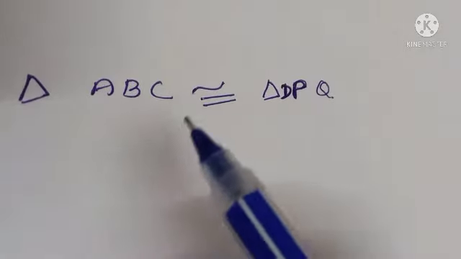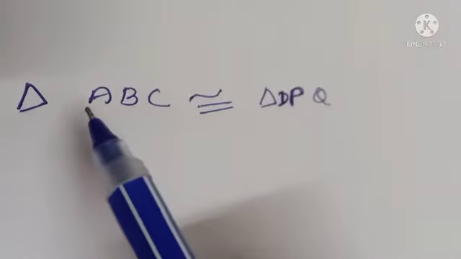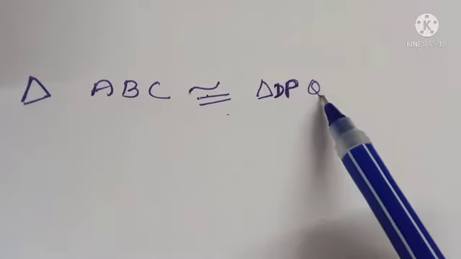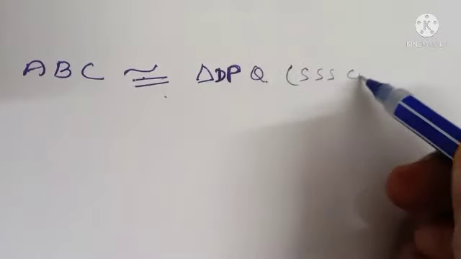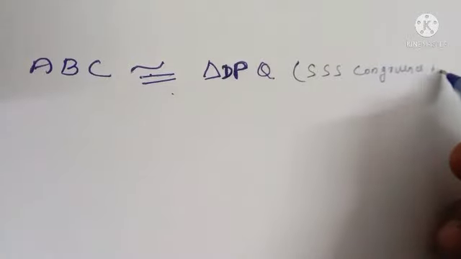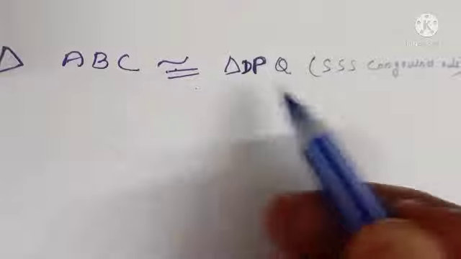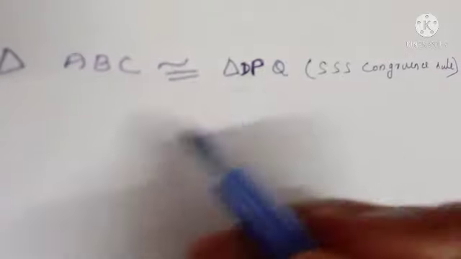One more thing we have to show is that the corresponding angles are equal. For that, we already got triangle ABC congruent to triangle DPQ by the SSS congruence rule. In congruent triangles, the corresponding angles are equal.